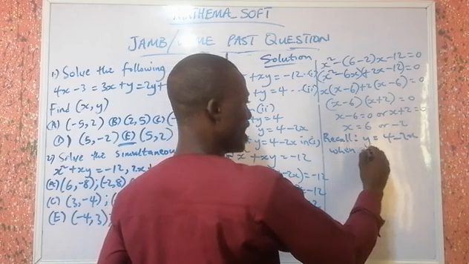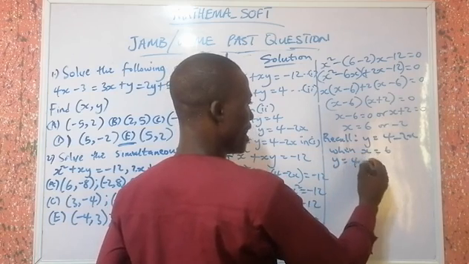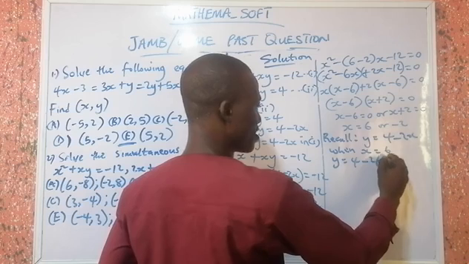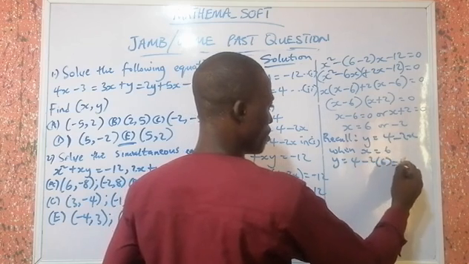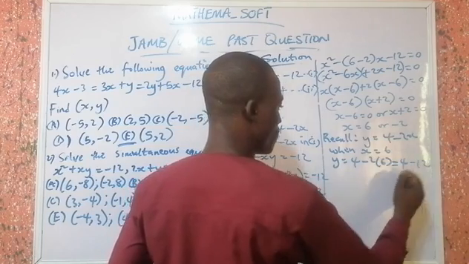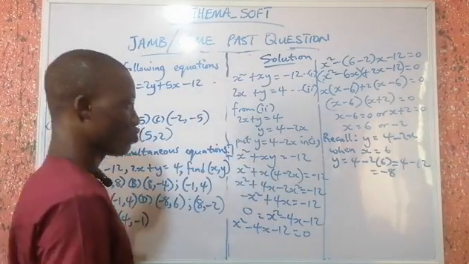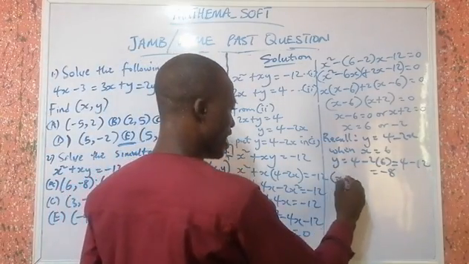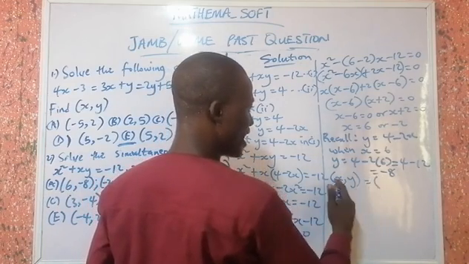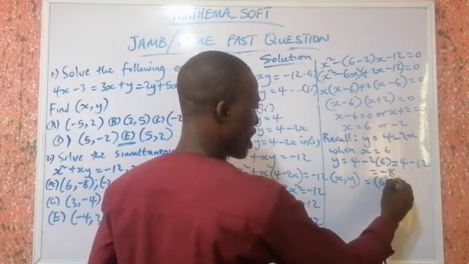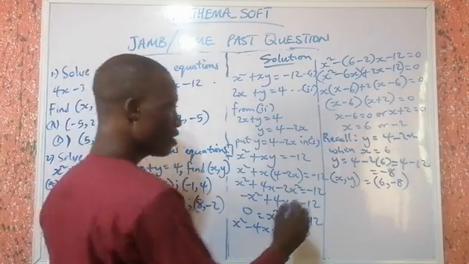When you have x equals 6, y will be 4 minus 2 bracket 6, which will be 4 minus 12, and that will be minus 8. So let's group that together in the form x comma y. That means x is 6, y is minus 8. So this is the first solution.